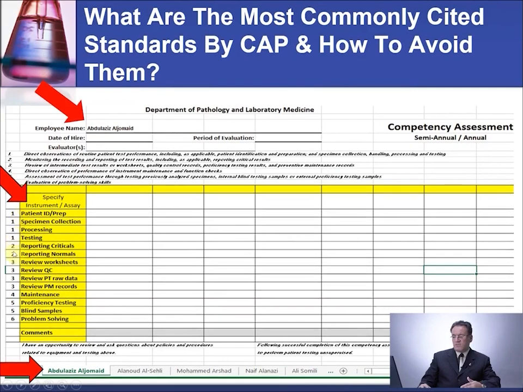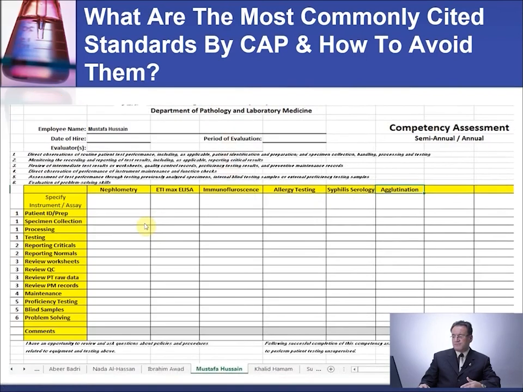You see these numbers here, they correspond to the numbers here. You need at least one number, or as applicable, from each number above. As you can see, I have 3 ones, 2 twos, 3s, 4, 5, and 6. That's where you put your test system here. You write the instruments and kits that you have.